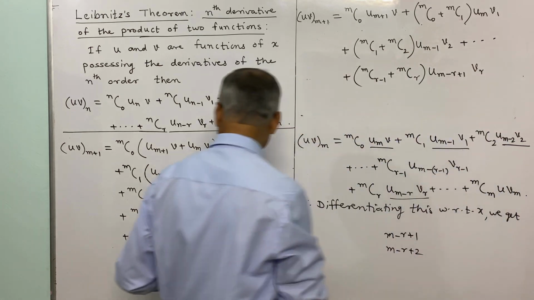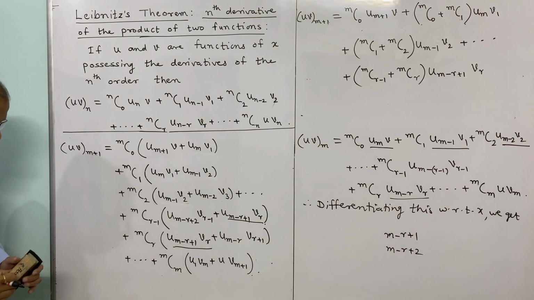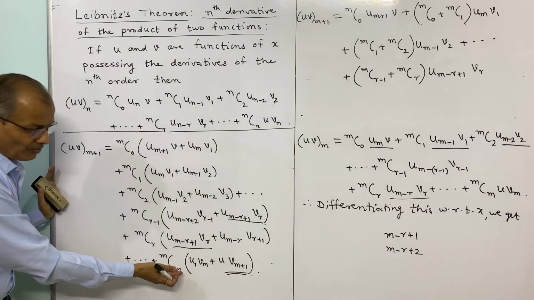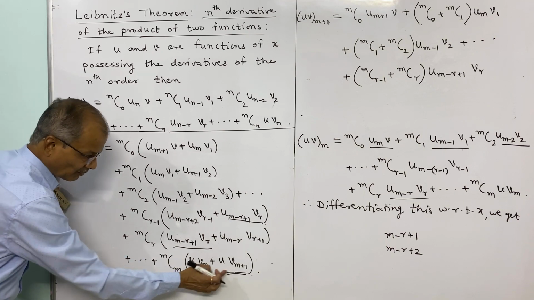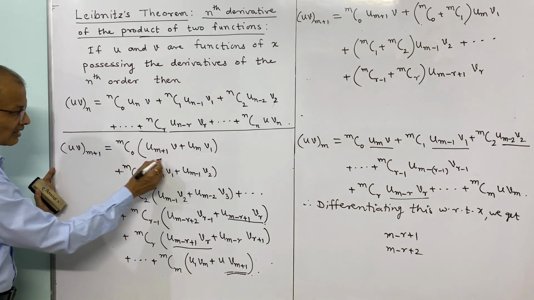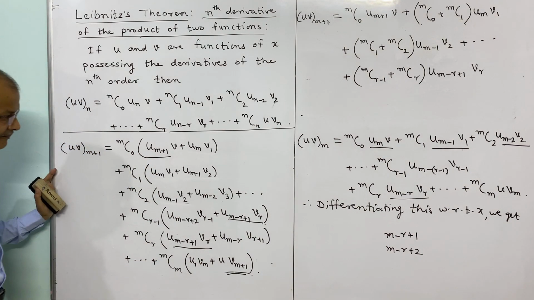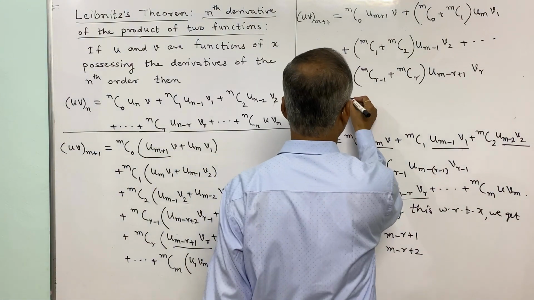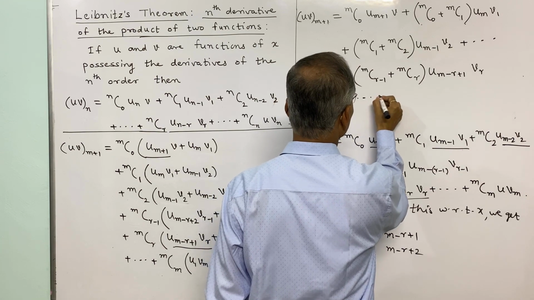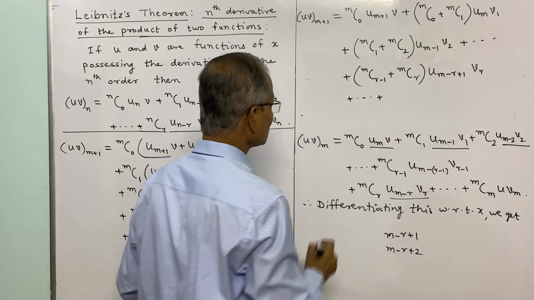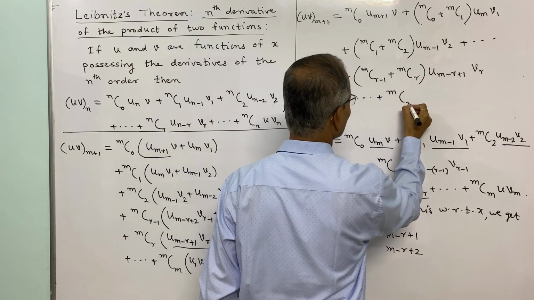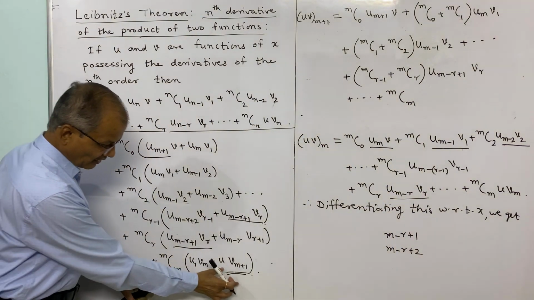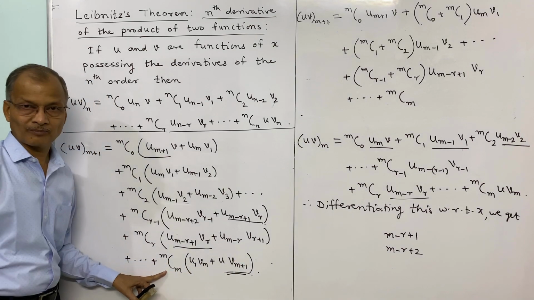So thus we have written the general term here, and finally we write the last term only. This will be grouped with the previous term, and therefore the last term and the first term are single. So this is the first term and this is the last term. These are separate terms, and the last term I shall write as m choose m, and u into vm plus 1.